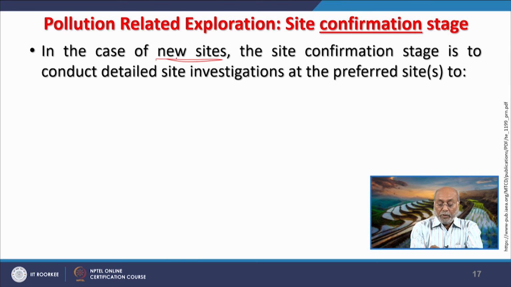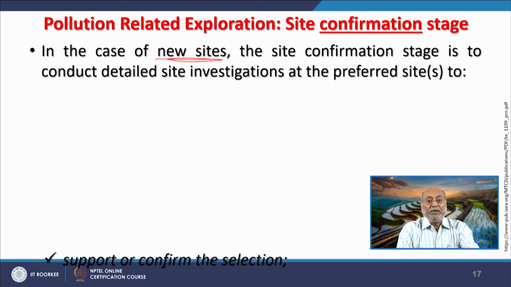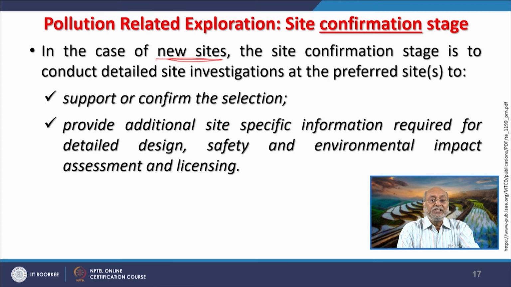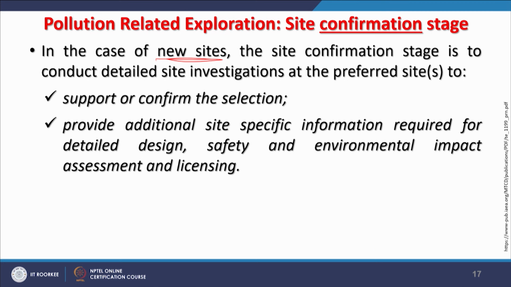In the case of new sites, the site confirmation stage is to conduct detailed site investigation at the preferred site to support or confirm the selection, and provide additional site-specific information required for design, safety, environmental impact assessment and licensing, because once the site is chosen, it has to be cleared by the environmental ministry, as in India, and then environmental clearance, or license, can be given.